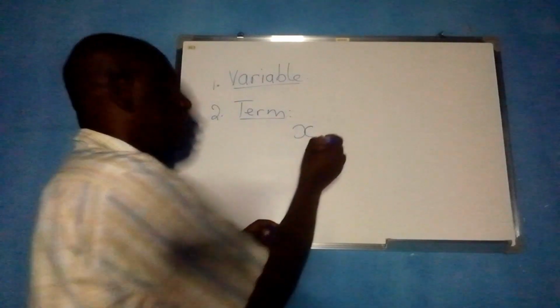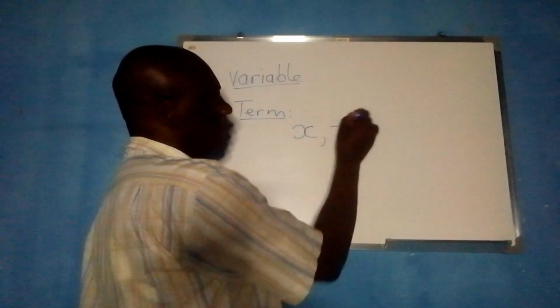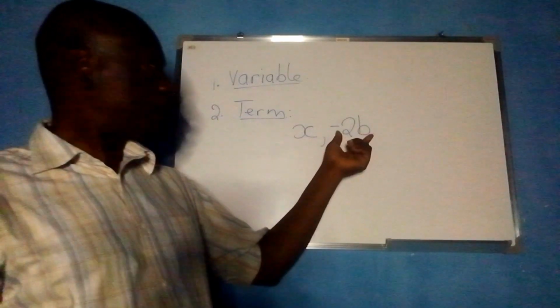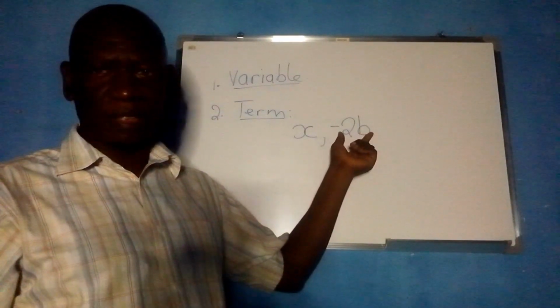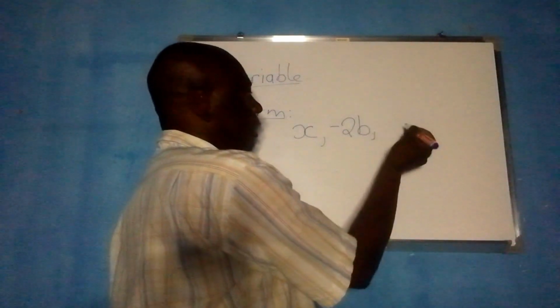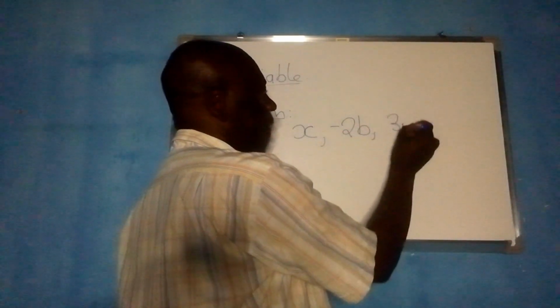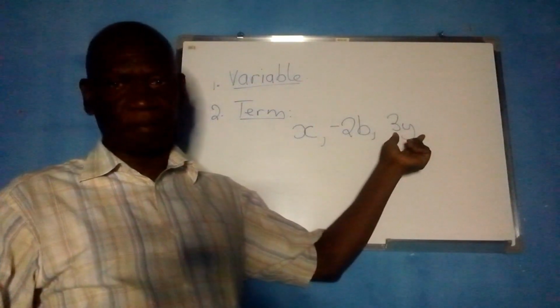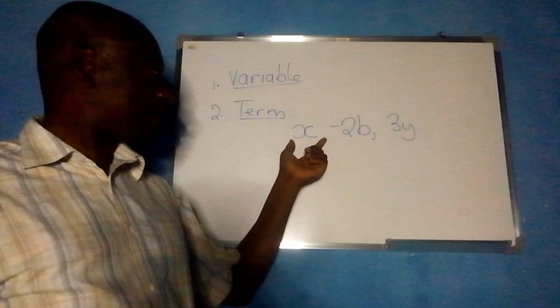Okay? If we write -2b, this -2b, the way they are, it is called a term. Okay? If I write 3y, that 3y is called a term. So these are called terms.